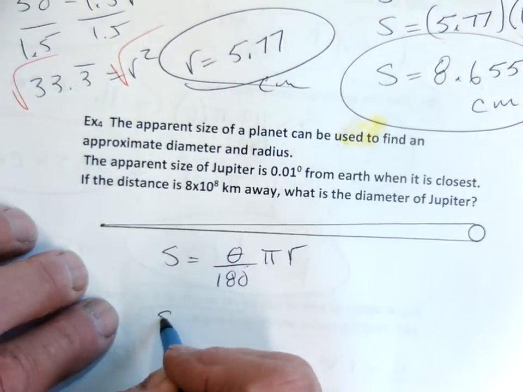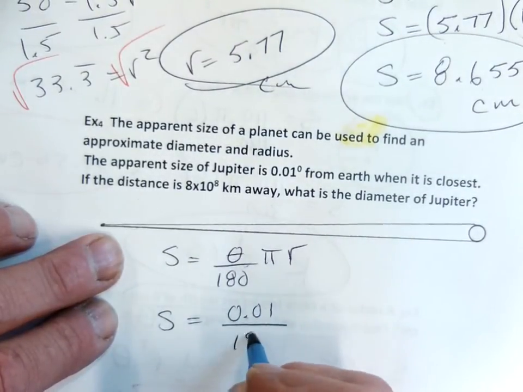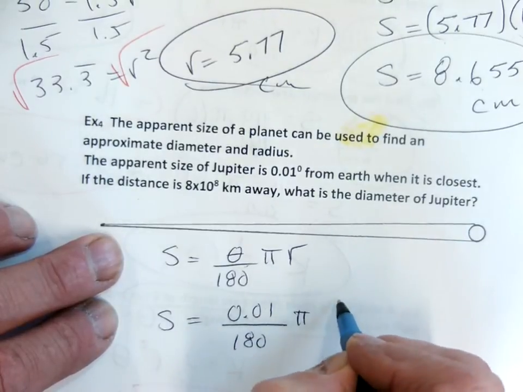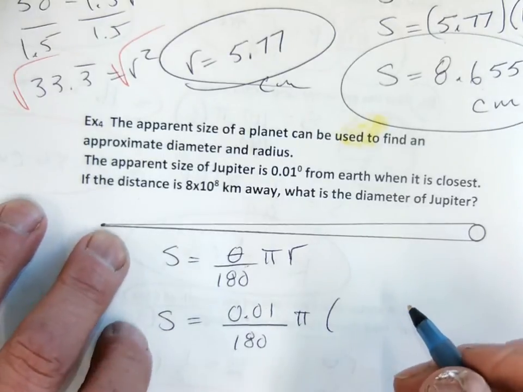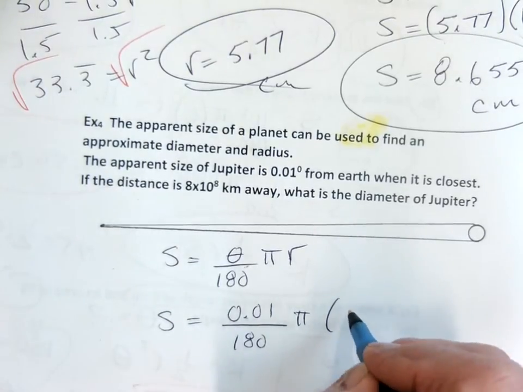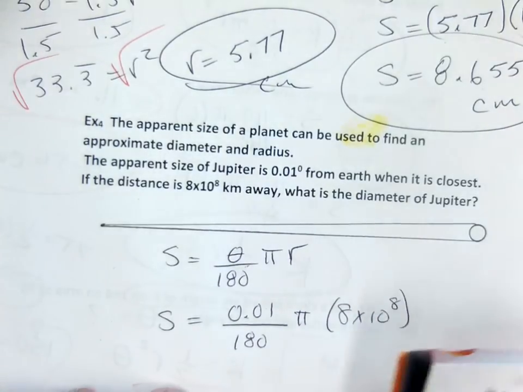So I'm going to go, okay, S equals 0.01 degrees over 180 times pi, and the radius is this 800 million. Or we just put 8 times 10 to the 8th power.